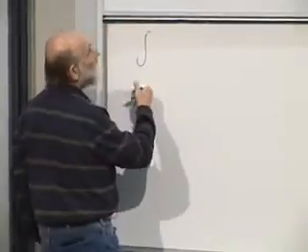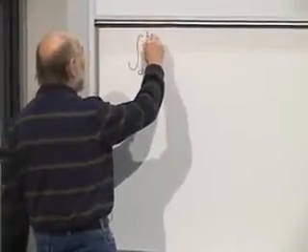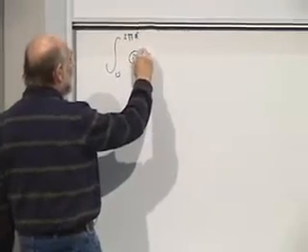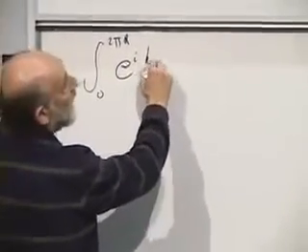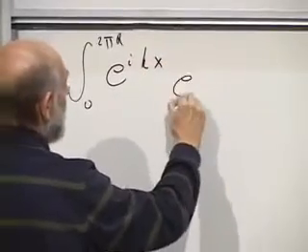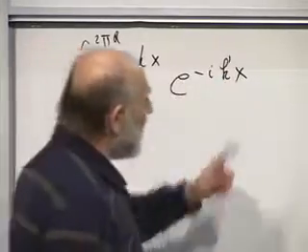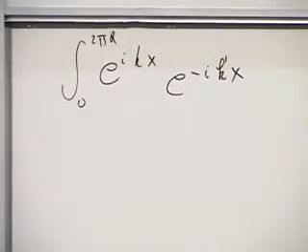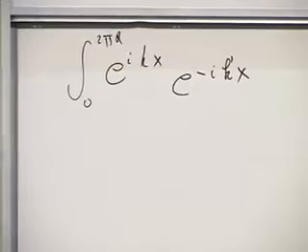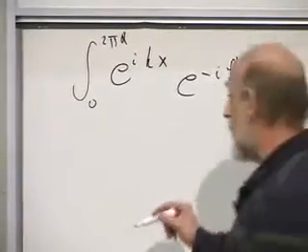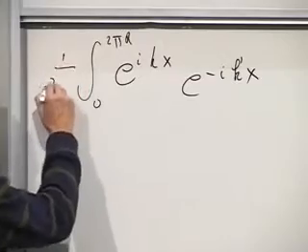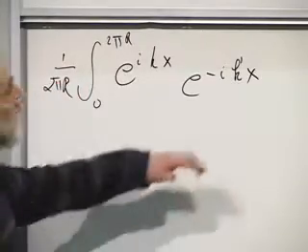This is true if we calculate the integral from 0 to 2 pi r of e to the i k x times e to the minus i k prime x, where k and k prime are allowable values. Then we have to put a 1 over 2 pi r in. That's this normalization factor here, 1 over 2 pi r on the outside.